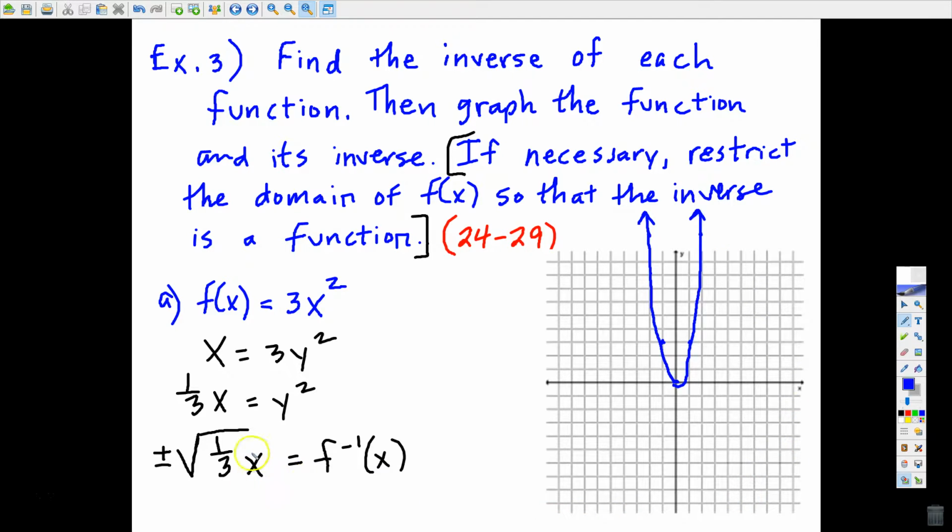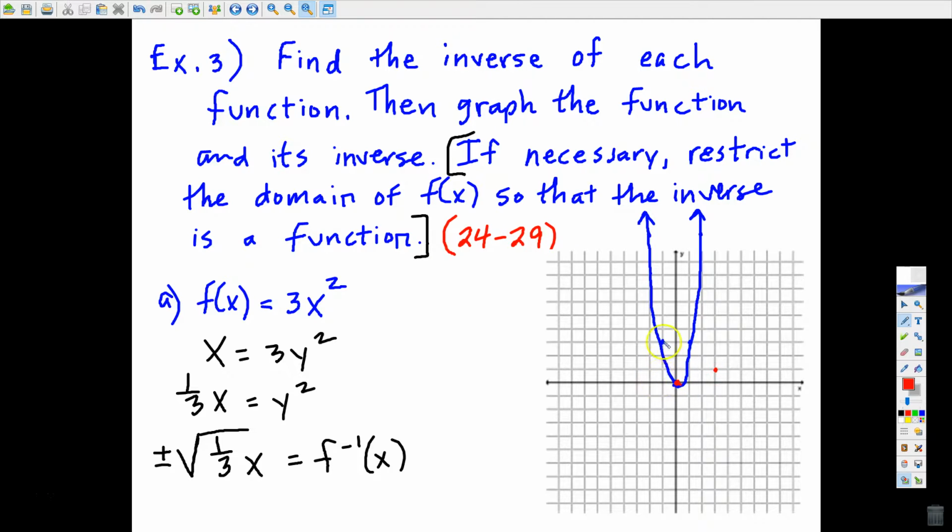And again, instead of trying to do inputs into the inverse and come up with that graph, it's a lot easier just to take these ordered pairs and switch them. Switch the x, y coordinates. Well, they're both going to have the origin because obviously that's not going to change when you switch 0 and 0. The f of x has the point 1, 3, so that means the inverse would have 3, 1.